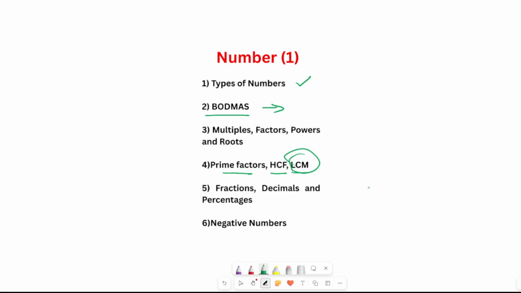We had a very long lesson unpacking fractions, decimals, and percentages. And we had a short lesson introducing negative numbers and how they can be handled in math.